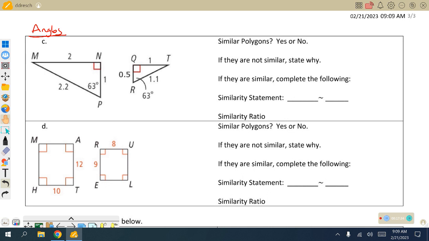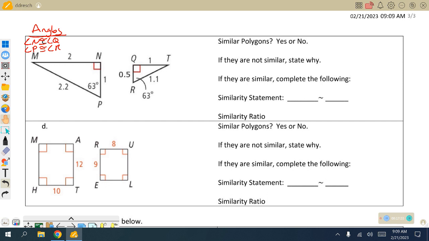Okay, angle N. What's angle N corresponding to? Angle Q. So far, so good. I see a 63 degrees at P. What does P correspond to? So far, so good. Now, we can use our 180 degrees, right? And what's that going to turn out to be?